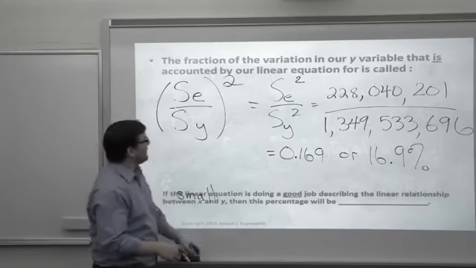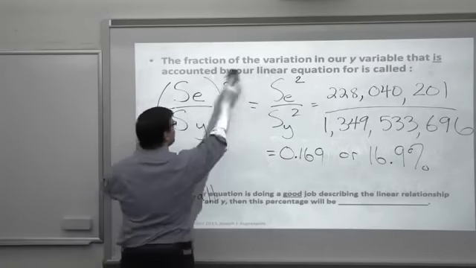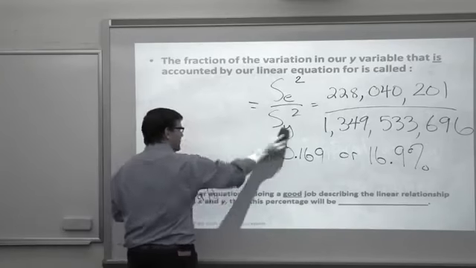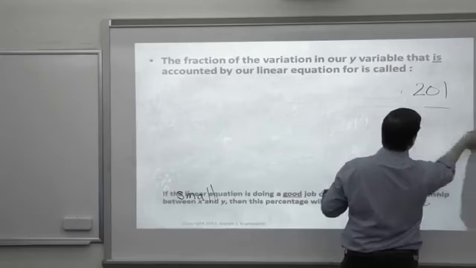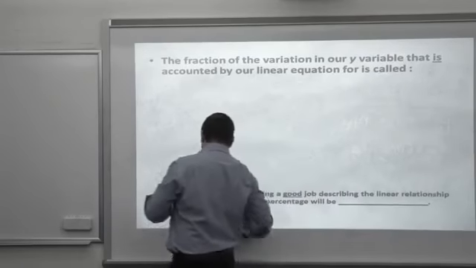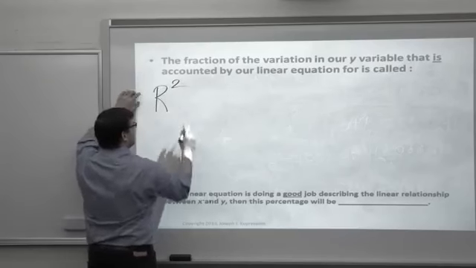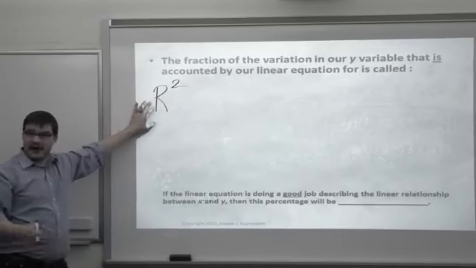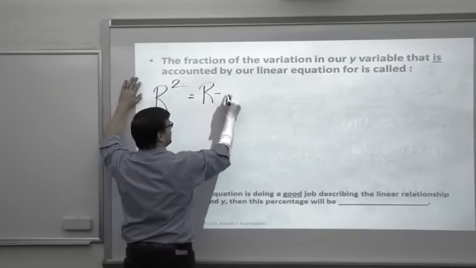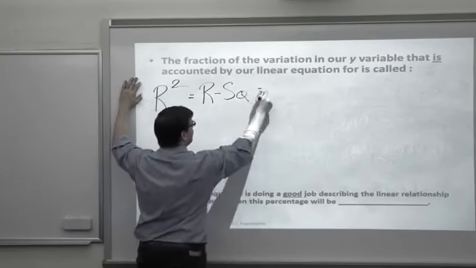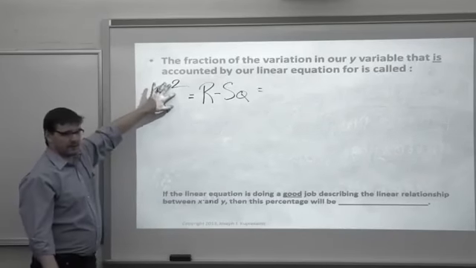Okay? So the fraction of variation in our y variable that is accounted for, it's called r squared. It's called r squared like this, usually capital R. Squared on software, sometimes you'll see it like this, RSQ, because I think it's hard for software to print the superscript squared.